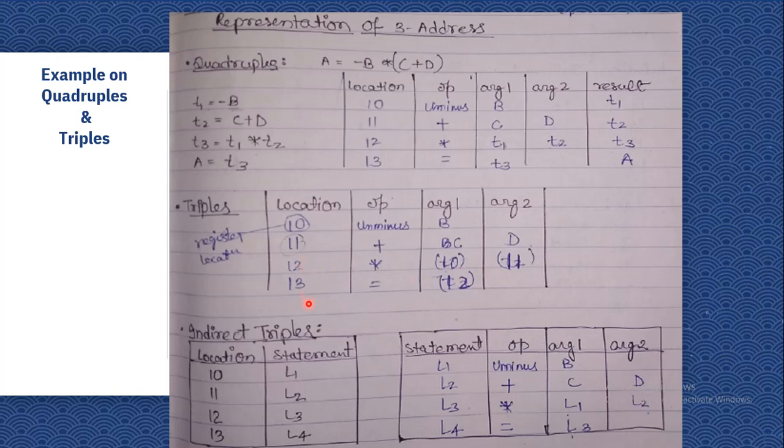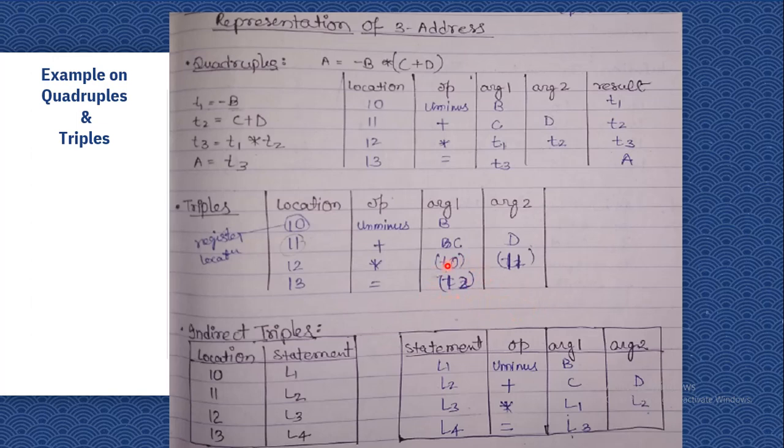Then in the third memory location, argument 1 is 12. What is in 12? The multiplication of t1 and t2. Actually we don't need to store this equal sign here if we don't have any argument 2 in place.